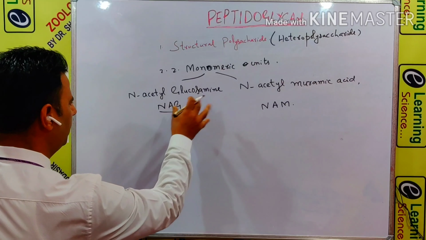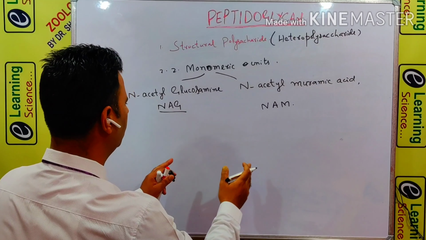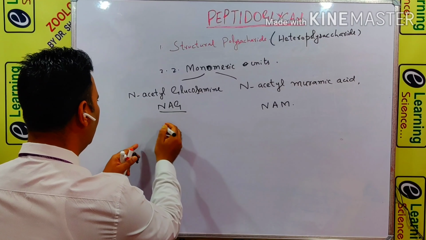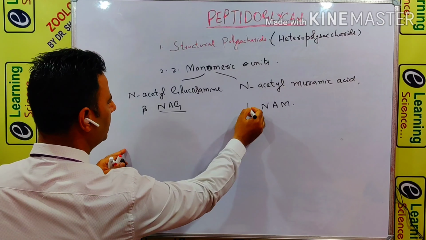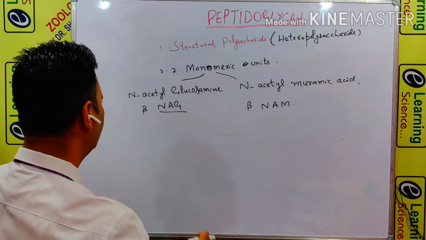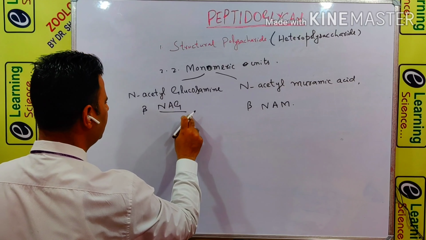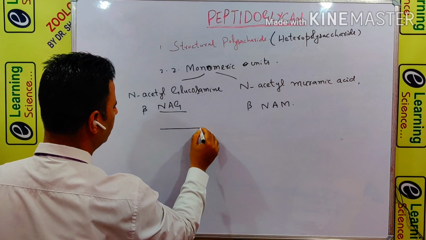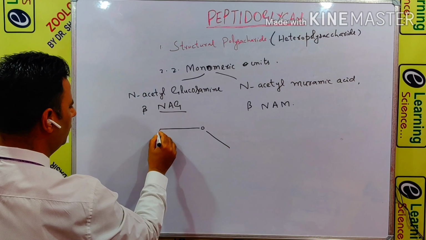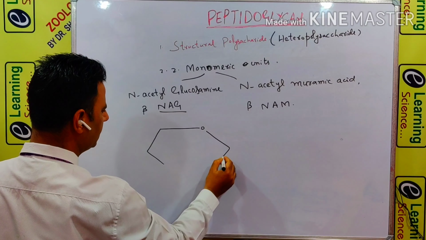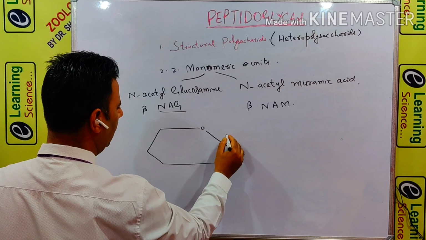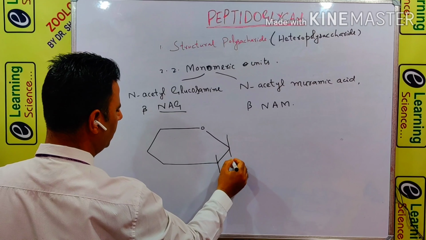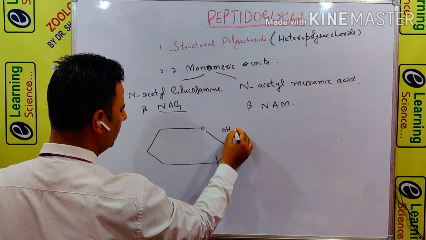If we see the structure of N-acetylglucosamine, both of them, whether NAG or NAM, are in beta form. That means the OH is on the lower side. To draw the structure of NAG, N-acetylglucosamine, we make a glucose, but the beta OH should be on this side.